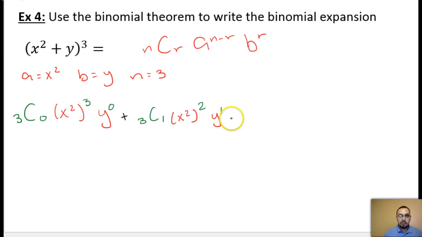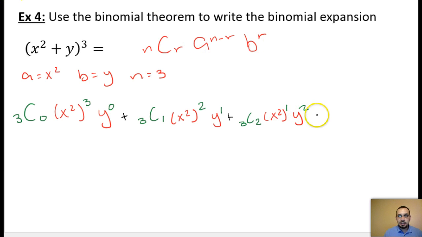So now I'm going to the next iteration. I get 3 choose 2. My x value remains exactly the same, and 3 minus 2 is the first power. My y has a power of 2.